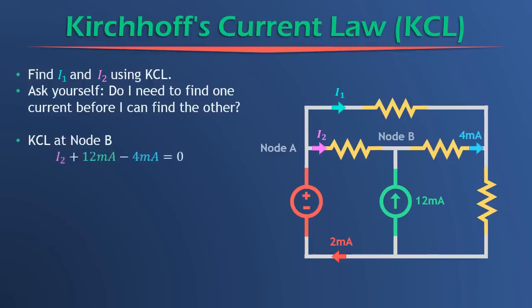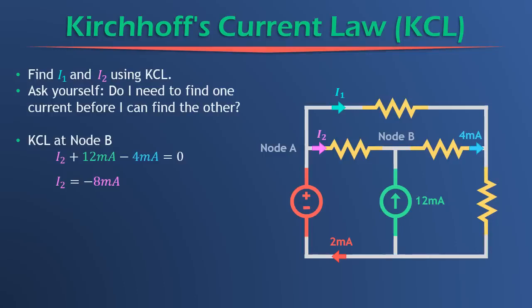Well, here's what it is, and we'll explain why. We have a positive I2 entering the node, so we write positive I2. And we have a positive 12 milliamps also entering the node, so we write positive 12. And we have 4 milliamps exiting the node, so we write minus 4 milliamps. And that's it. Then we set that equal to 0, and we can easily solve and find that I2 equals negative 8 milliamps. And we'll talk about what a negative current means in a second.